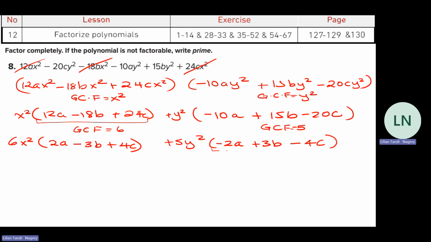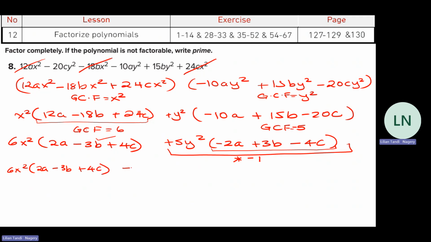You notice that this bracket is not the same as this bracket. So you're going to multiply everyone by negative 1. So you're going to get 6x squared, 2a minus 3b plus 4c, minus 5y squared, 2a minus 3b plus 4c, just like that. Now your brackets are the same.